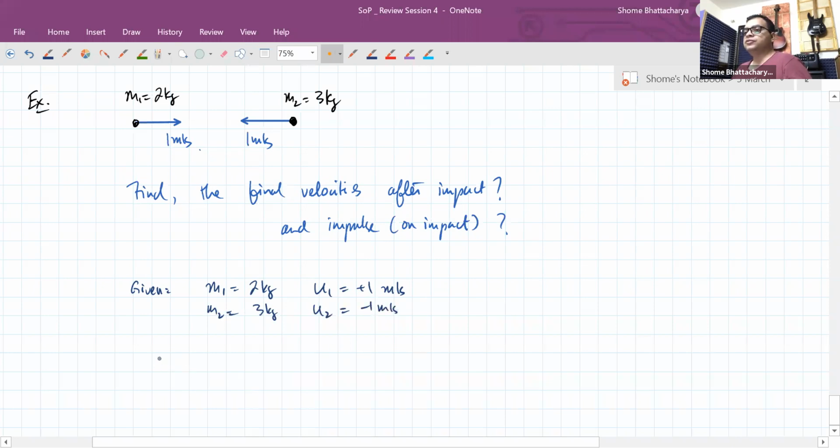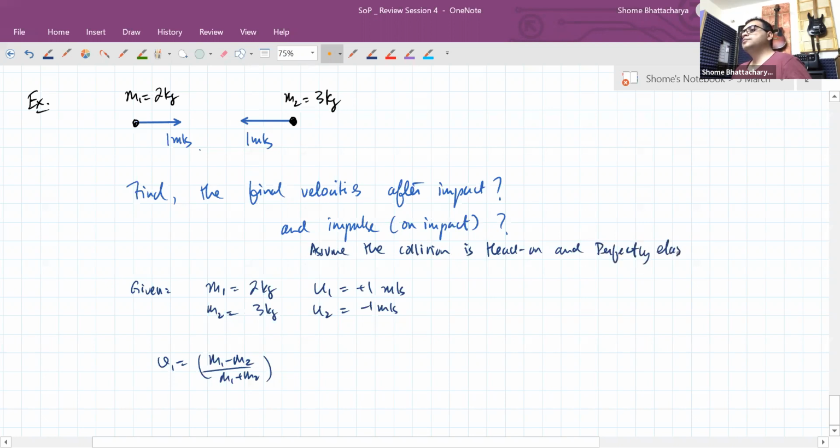So now using the formula from above, V1 should be this. This is of course assuming the collision is head on and perfectly elastic. So with that assumption, we can use these formulas.